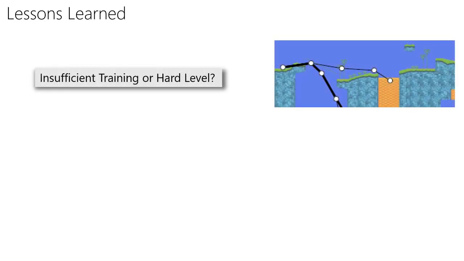First, insufficient training or hard level. One of the challenges in using AI for playtesting is how to interpret the failures of agents. For instance, we saw that many agents, even in later generations, were not able to cross the wide gap.